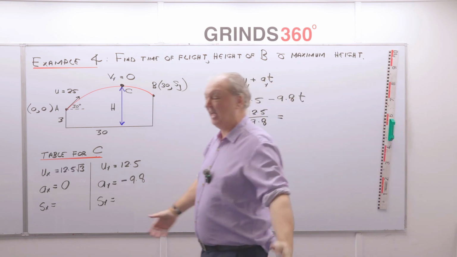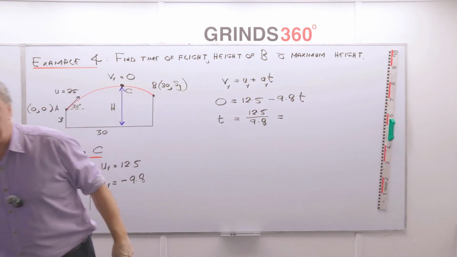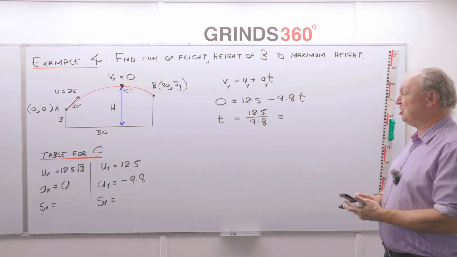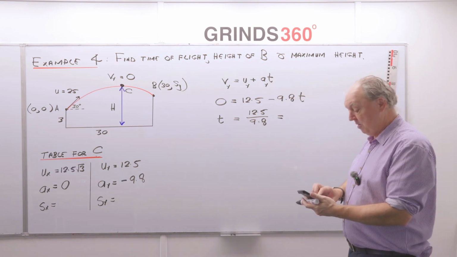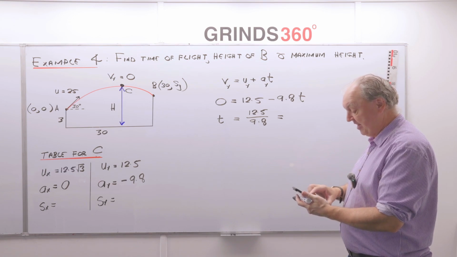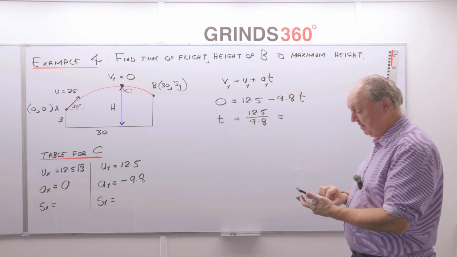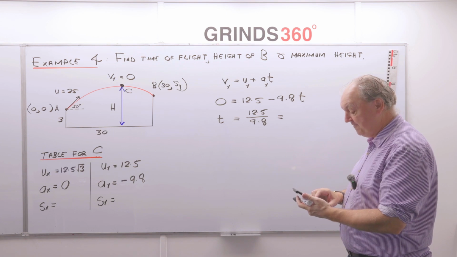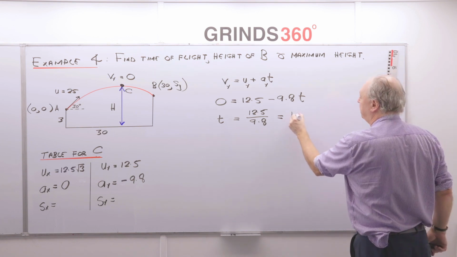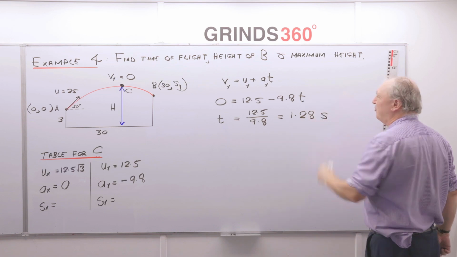I'm not doing all the algebra with you, we're higher level applied maths, so a lot of your algebra will be assumed when we do this. So 12.5 divided by 9.8 gives me a time of, let's say, 1.28 seconds. I'll go to 2 decimal places because it's not really my final answer.